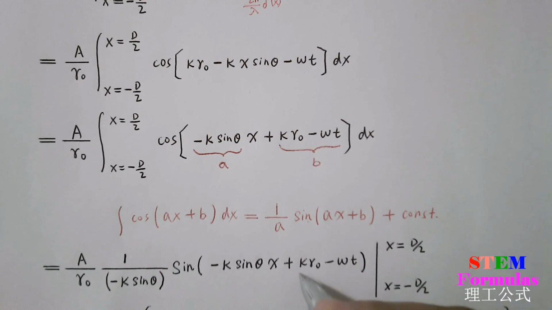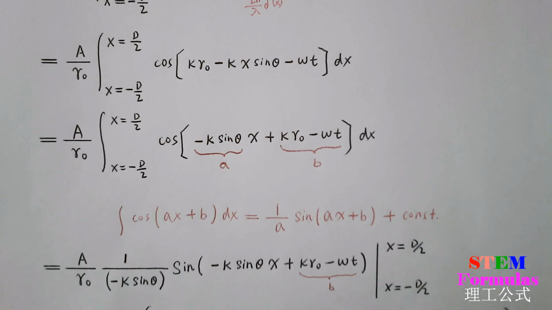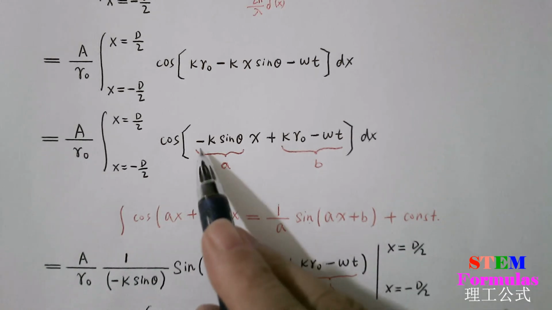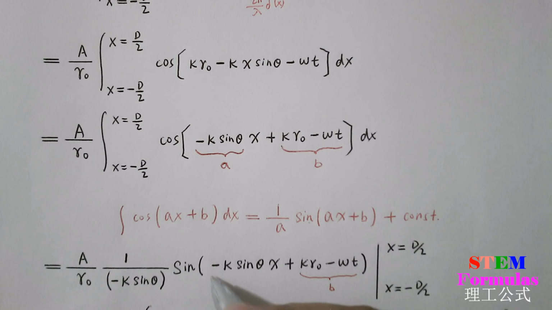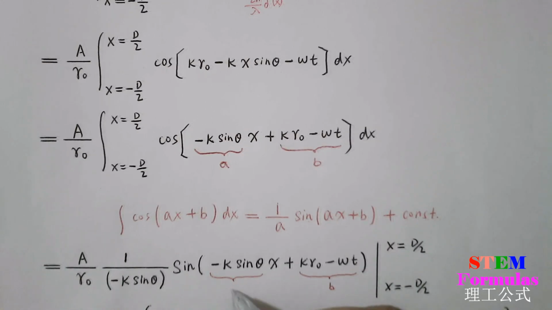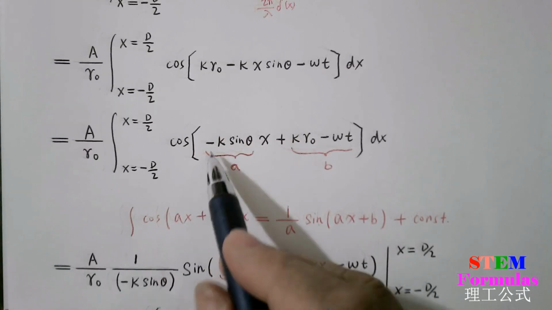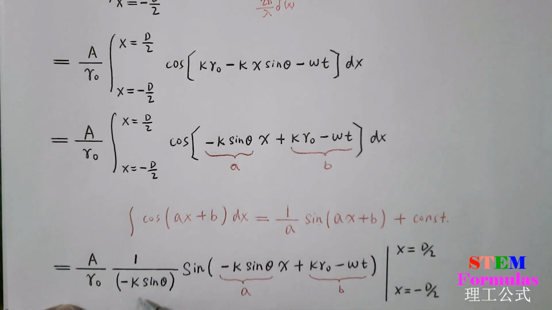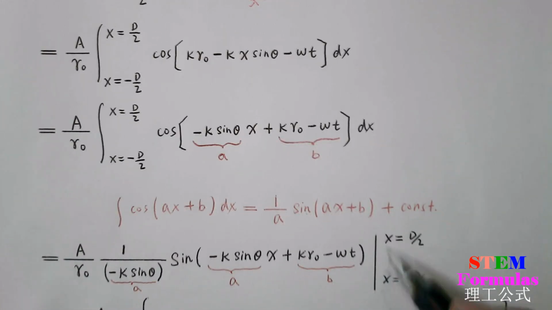This is my b, and minus k sine theta is my a. I just employ this mathematical formula and I have this equation. Now I have to plug in the integral limits.